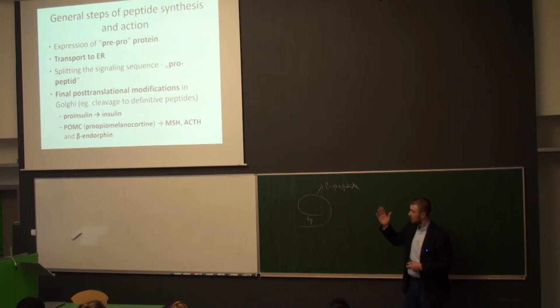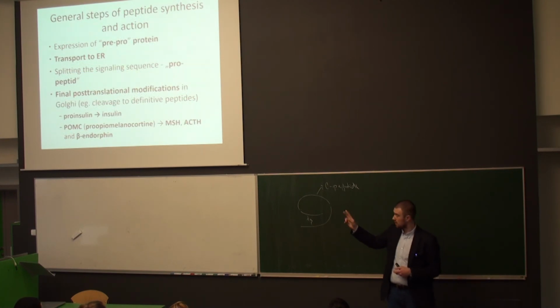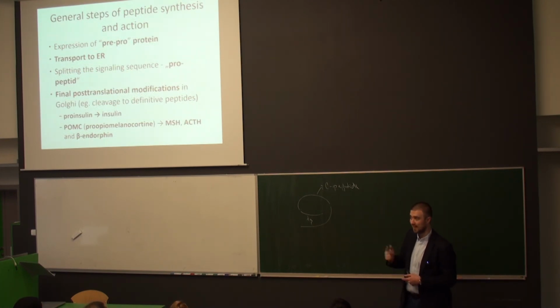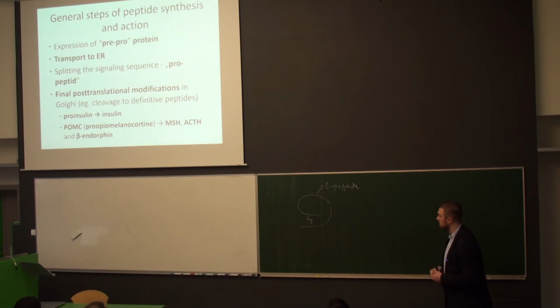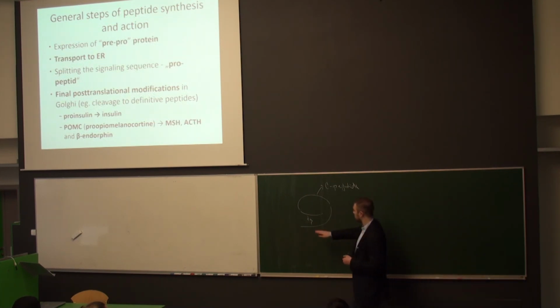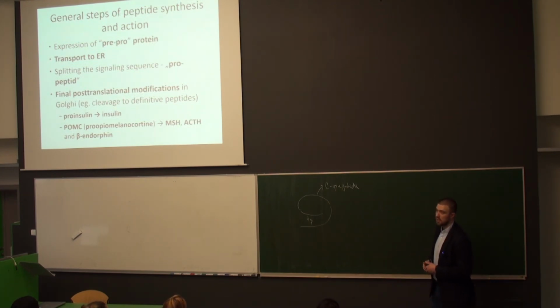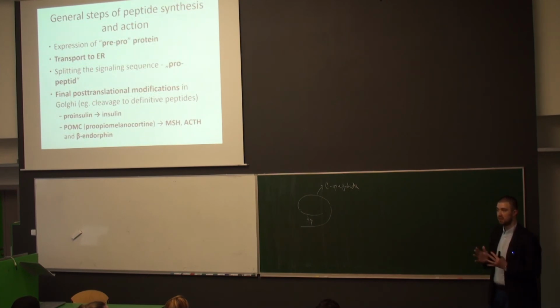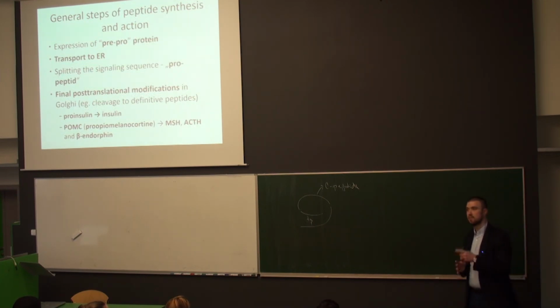And here comes the removing of the second prefix. From the molecule of proinsulin, you produce the final insulin molecule. That means from propeptide, you produce peptide; from prohormone, you produce hormone; and from proinsulin, you produce insulin. And these post-translational modifications can be different for different molecules.